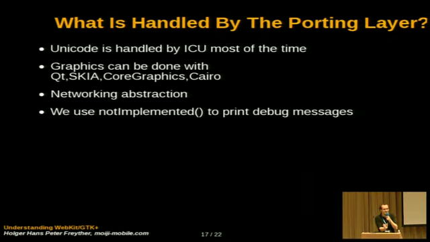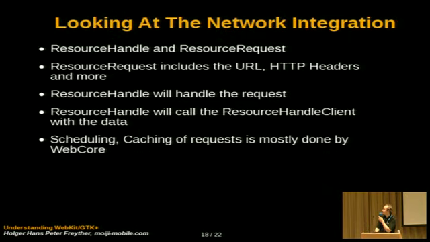So you get a log message saying the function is not implemented, and it's a great way to get started to code. If you see it not implemented, you can figure out if you want to implement it, and if you decide that this port wants to implement a function, you can just try to implement it and send a patch, which really is a very nice way to get started, because it's just one function, and there's a test case that is testing this function, and you can easily get started doing this.